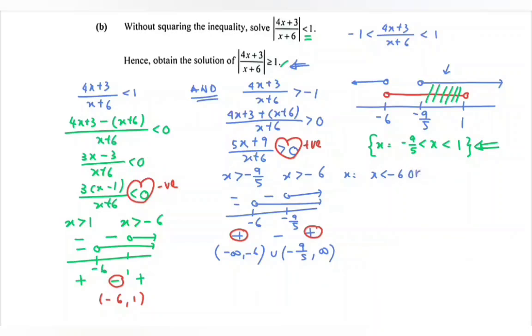Or, continue, x is greater than negative 6, less than or equals to negative 9 over 5. Or, we have the situation, x is greater than or equals to 1. So that will be the answer for the second part, or the solution set for the situation greater than or equals to 1.